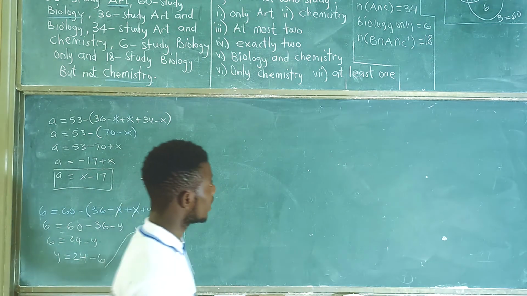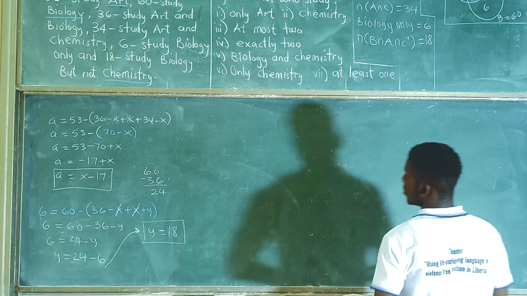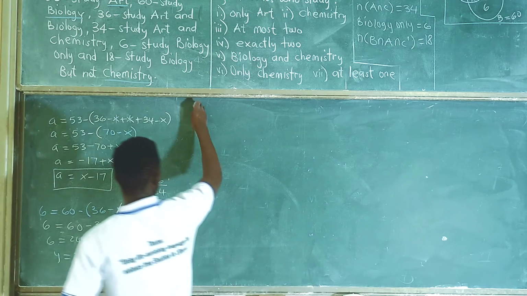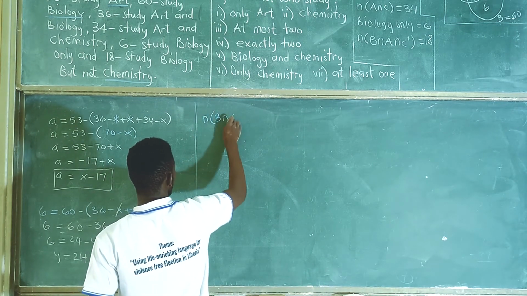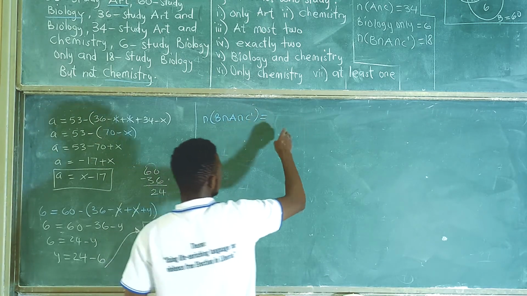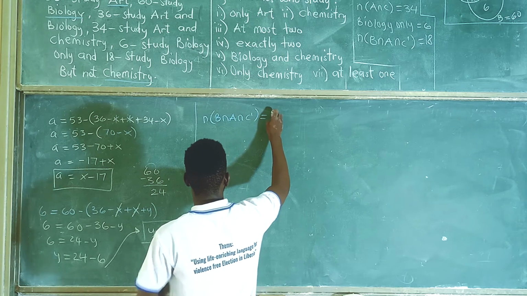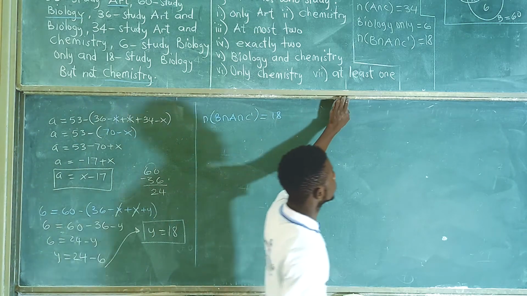We have information here that says the number of students that study biology but not chemistry is 18. So we have the number of students that study biology and art but not chemistry. You see that is 18. Well, let's go into this Venn diagram.